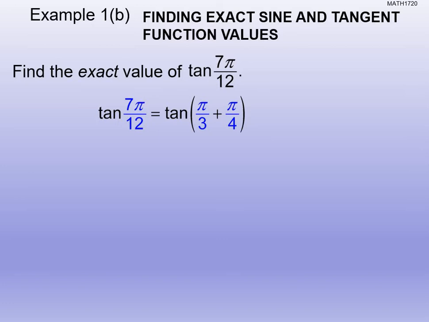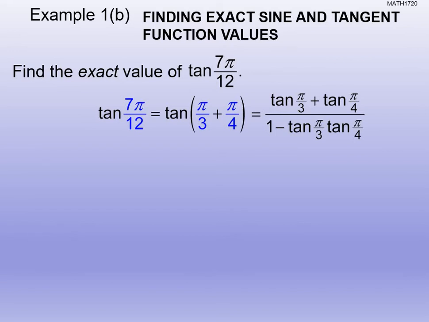So remember, 60 degrees in radians is pi over 3, and 45 is pi over 4. So we can rewrite tangent of 7 pi over 12 as tangent of A plus B, where A is pi over 3, B is pi over 4. Then we apply the tangent sum identity.